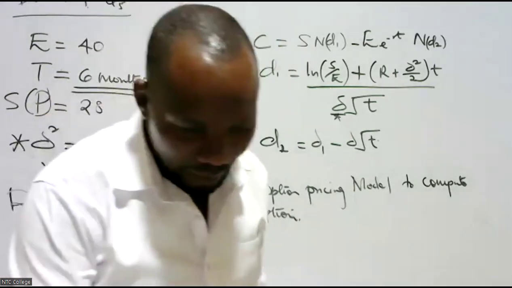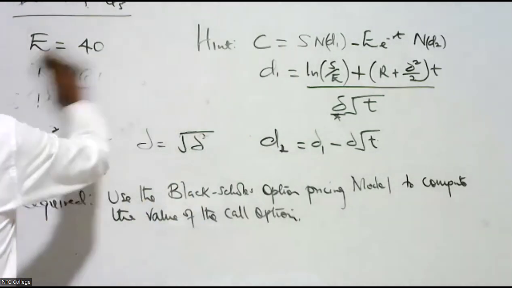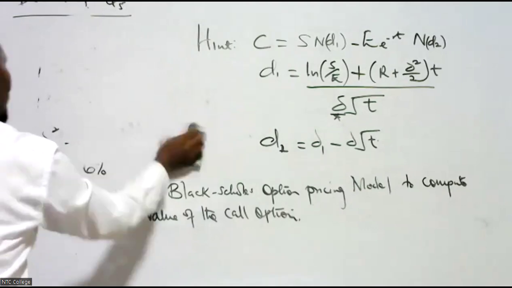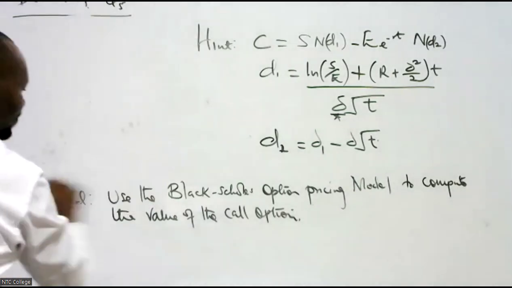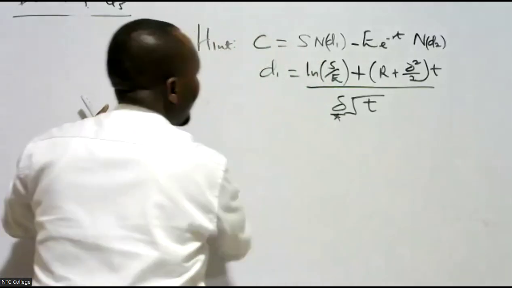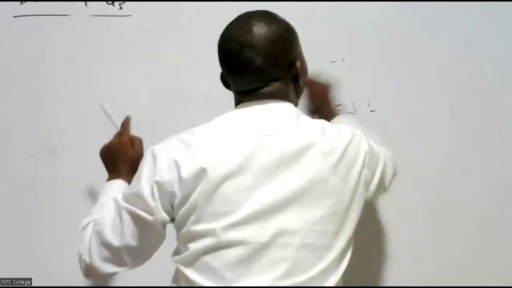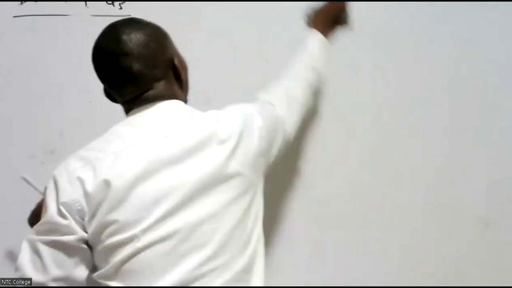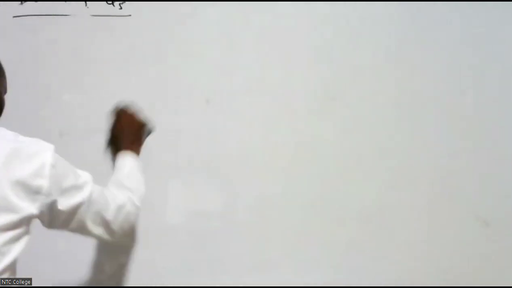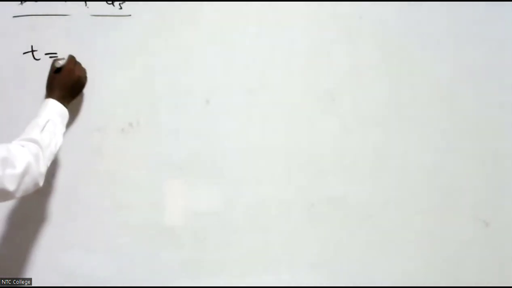So we can start solving this by looking at some of these items. Let's look at T. So we have T equal to 0.5, right?